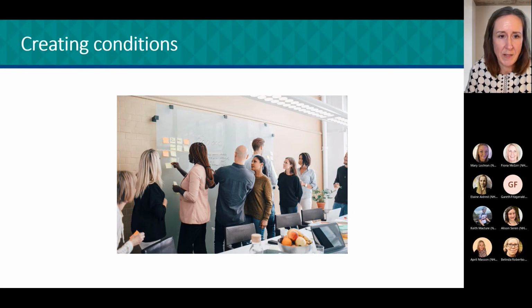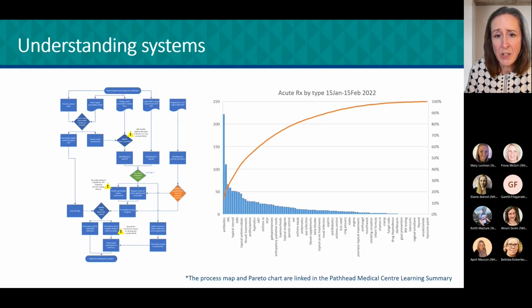So next slide, please. So understanding our systems, what we did is looked at the whole process of acute prescribing. So we mapped that out. I'm not going to talk you through the detail on that process map there. But what I want you to understand is that the process map is really important to this piece of work.